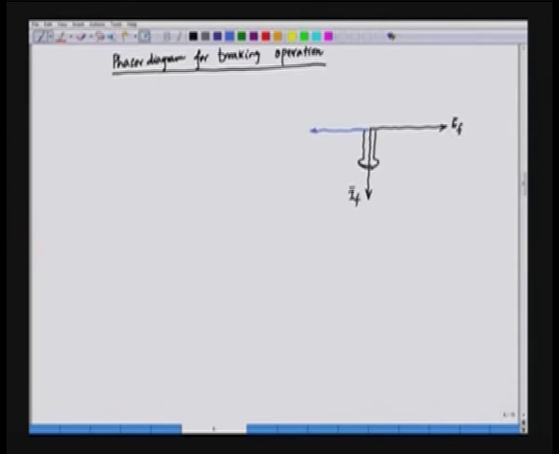So, what we have here is the following: we have IS in this case, and if we have IS and IF, we can find the vector sum of these two.